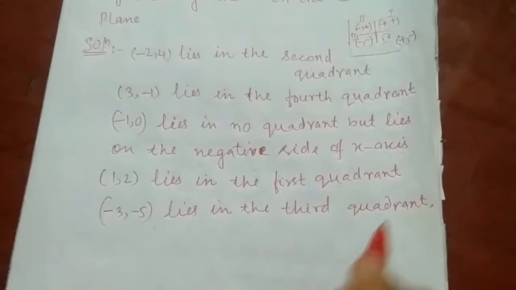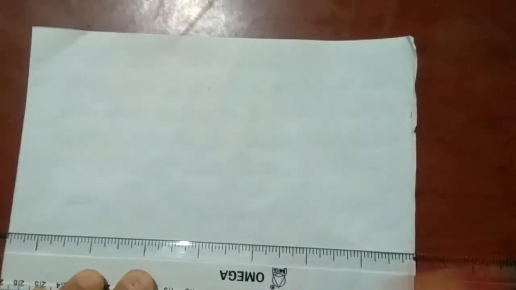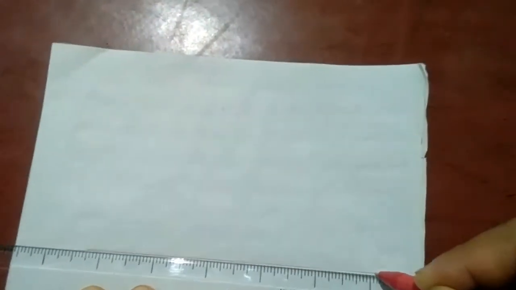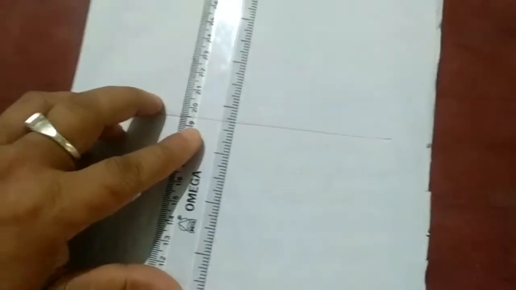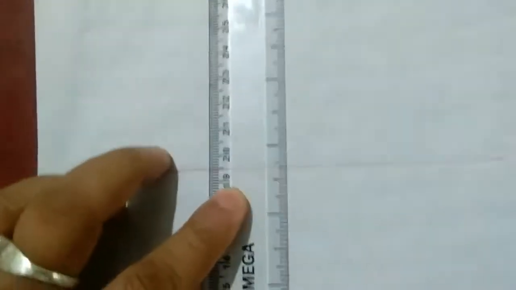Okay, it is given to verify by locating them. So how to locate? Before also we learned this. First you have to divide the axes, the x-axis and the y-axis.